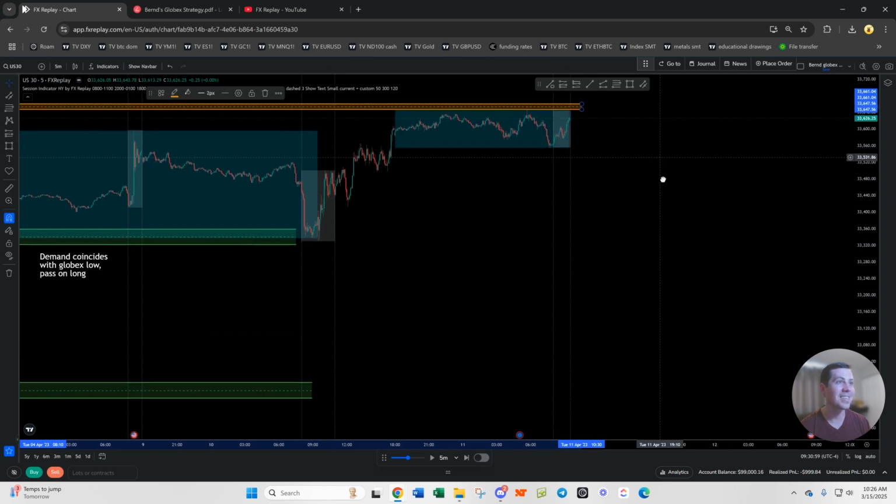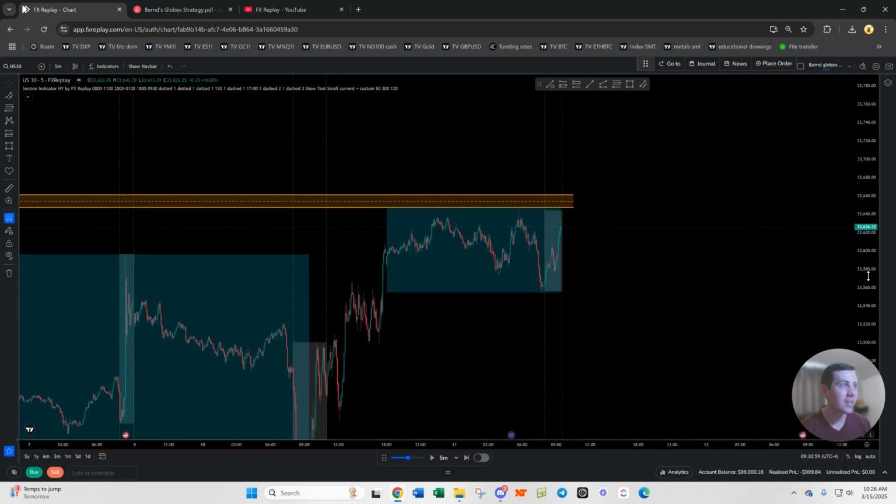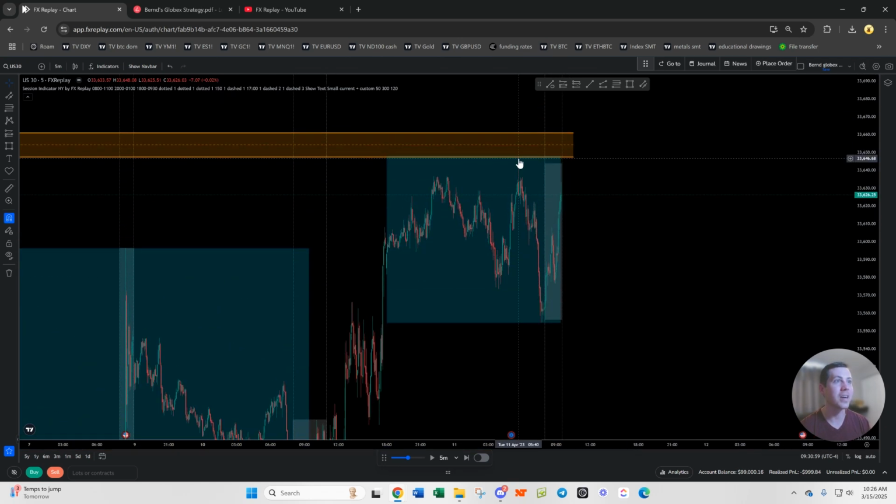All right, so this one is very, very close. Dang, we did barely tap into it. So again, I can't technically use this zone because it has already been tapped into. It got a fantastic reaction, just unfortunately was outside of our trading session.